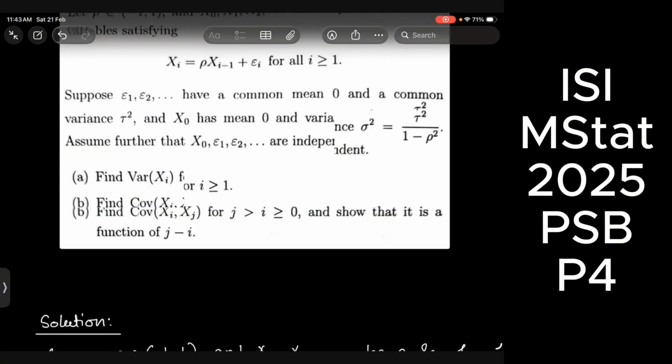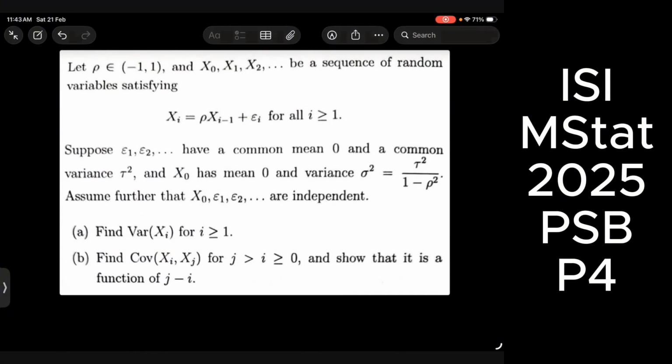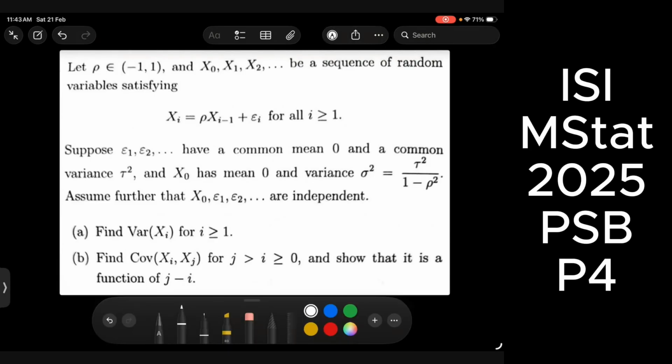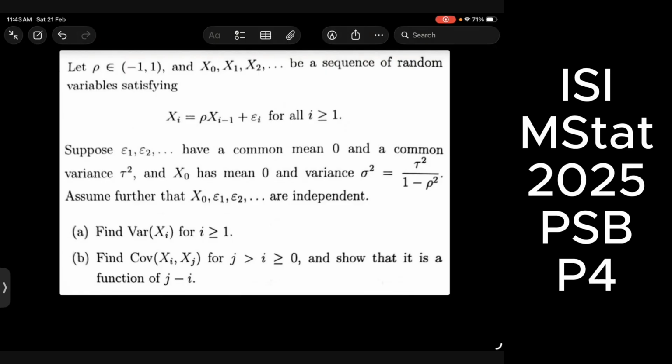Okay. So any idea how can we solve this? Though I have discussed these questions earlier, in the very beginning of the course. So any idea?